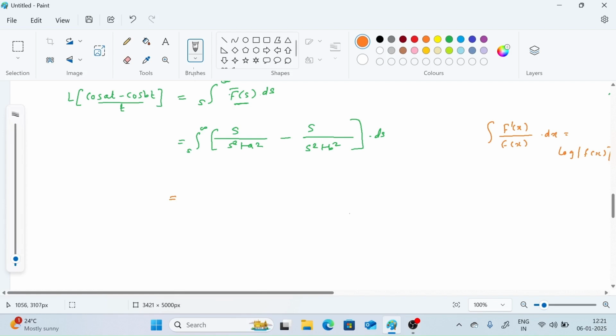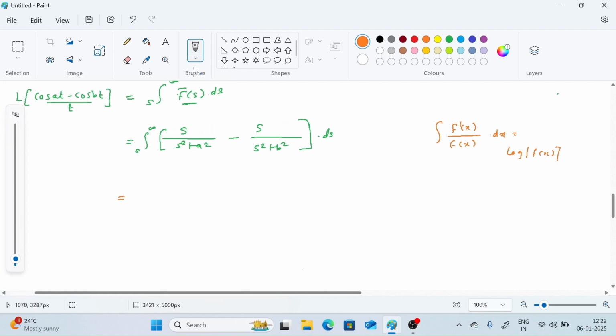Let me explain what exactly this rule means. In integration, if in the numerator we have the derivative of the function f of x, then we can directly write log of f of x.